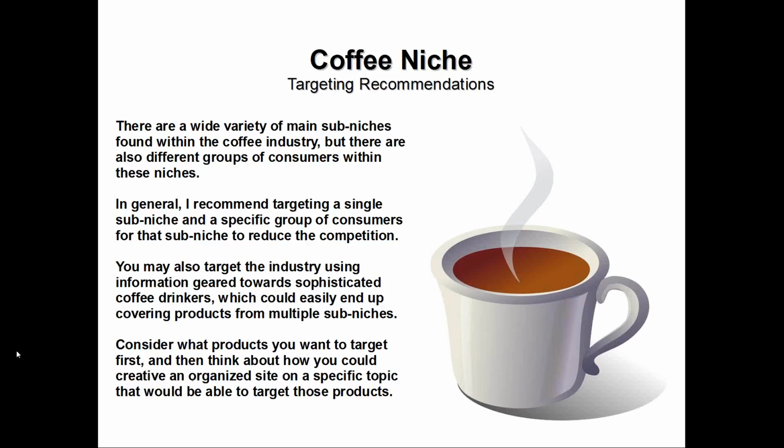So consider what products you want to target first, and then think about how you could create an organized site on that specific topic that would be able to target those products.